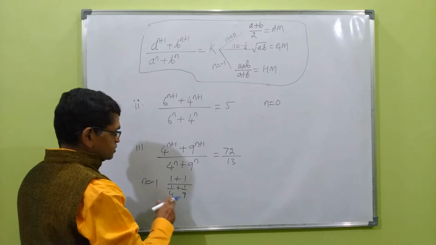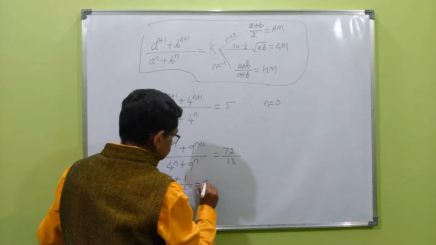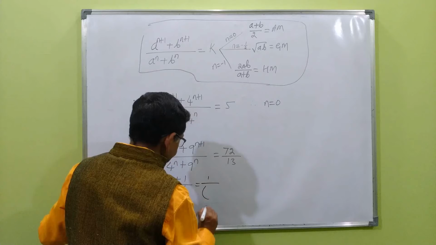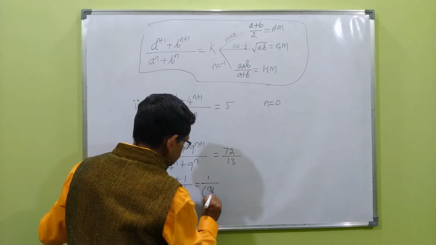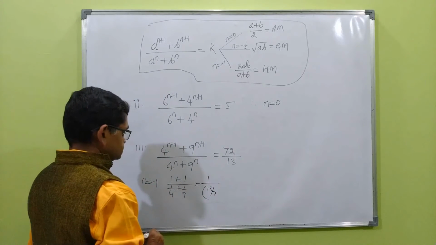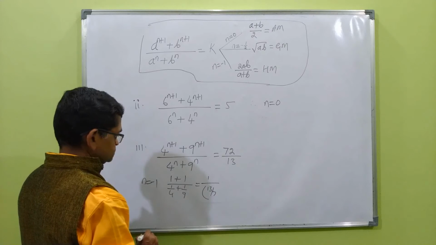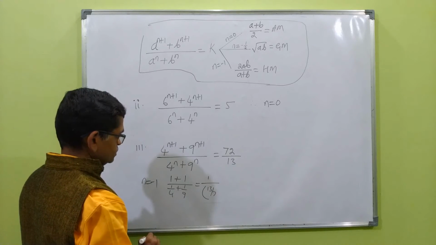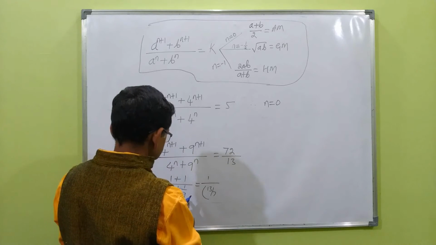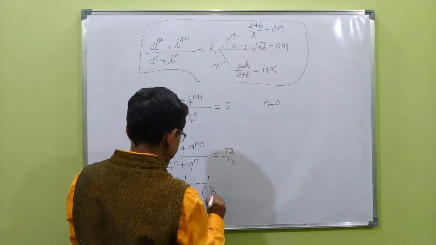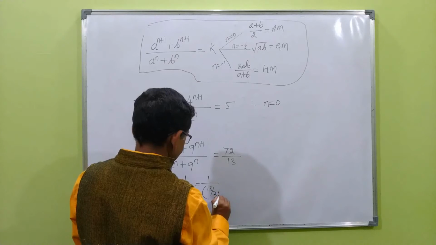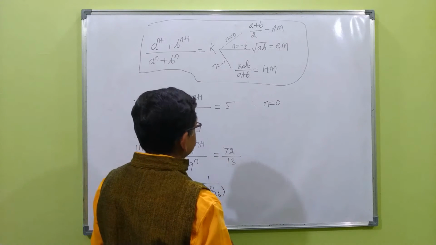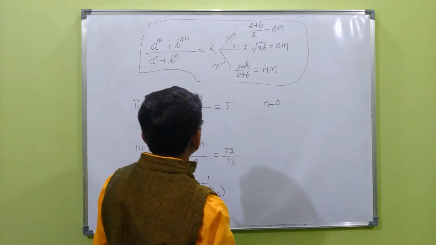So, take the LCM, 1 divided by, this is 13 by 36.